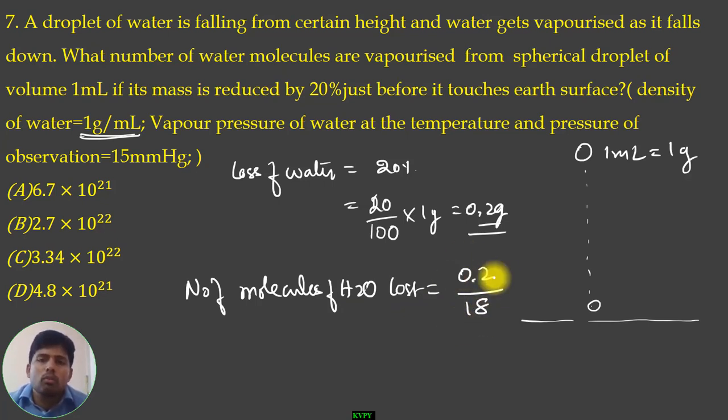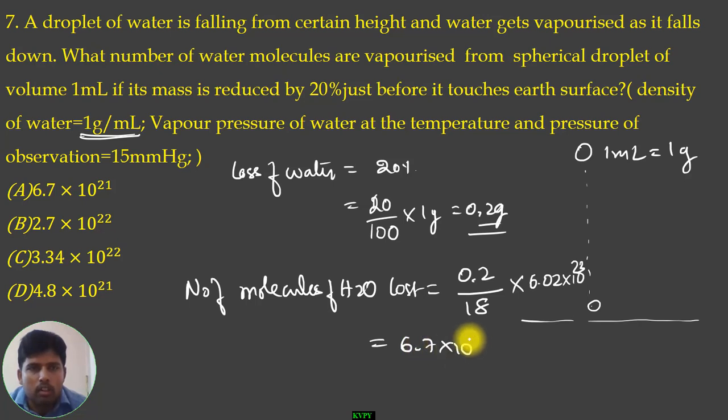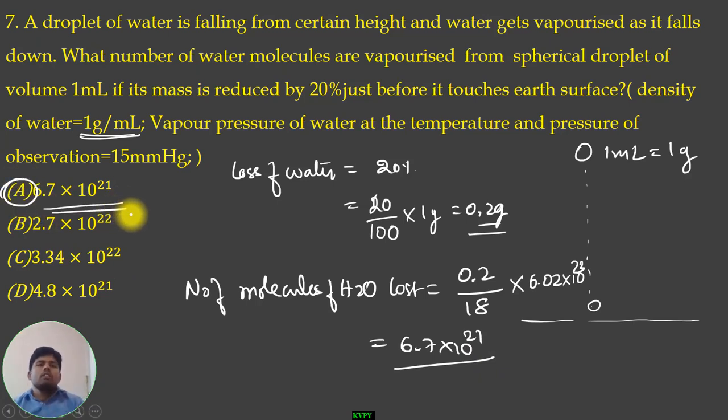This will give number of moles of water lost, into Avogadro number 6.02 into 10 power 23. So that will give me the answer of 6.69, that means 6.7 into 10 power 21. This will be the number of molecules lost. So this many water molecules are lost before water reaches the surface.